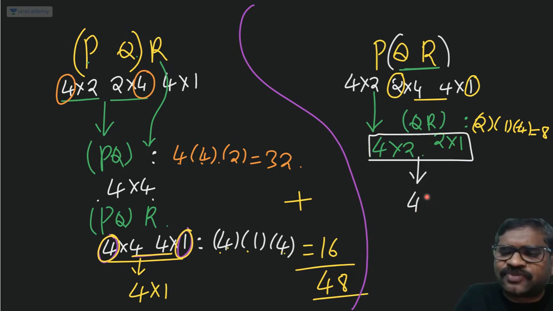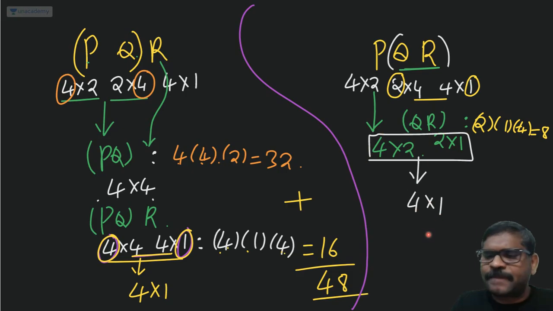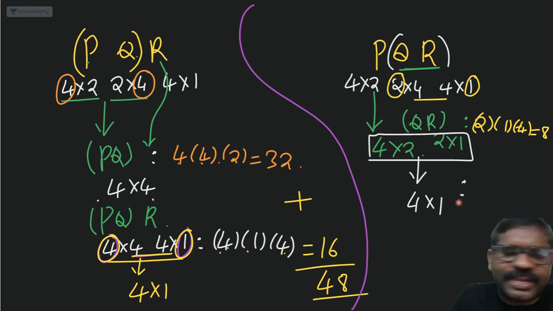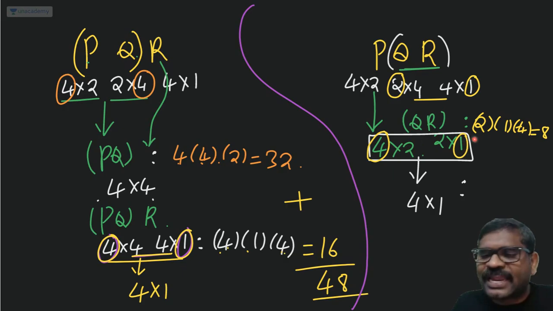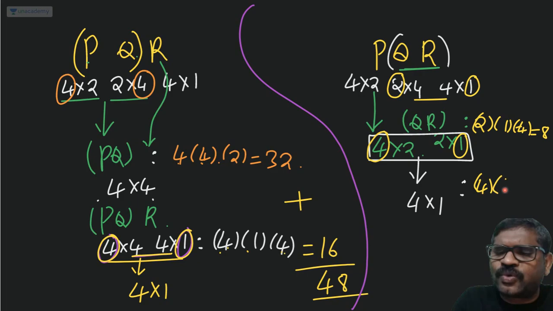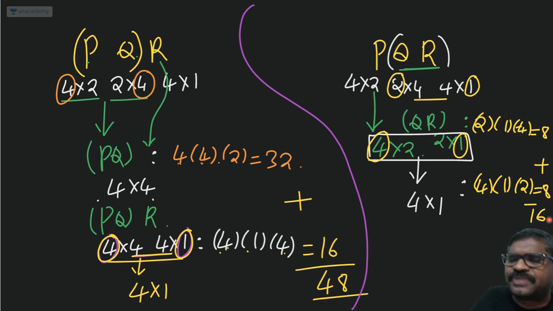Result is 4 cross 1. How many multiplications did he apply? mpn. m is 4, p is 1, n is 2. That is 8. 8 plus 8, 16. One student applied 16, another student applied 48.